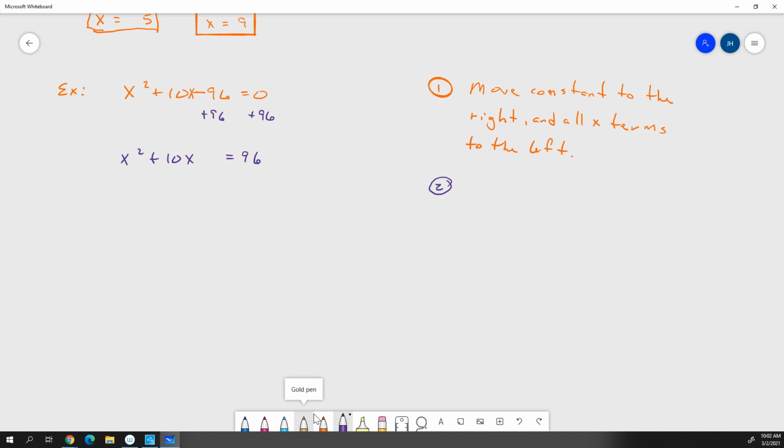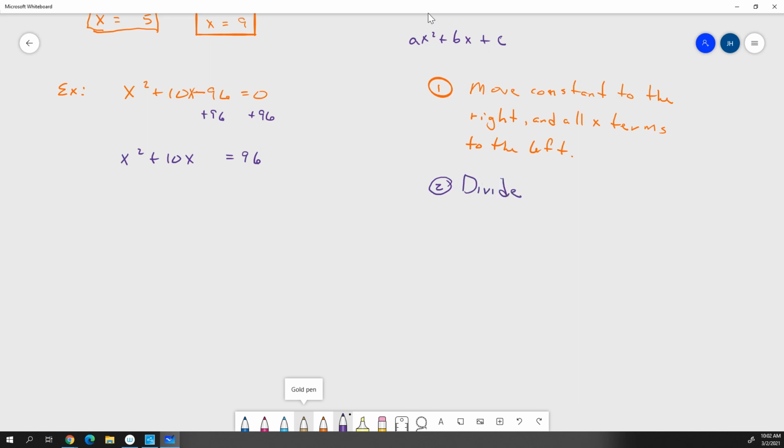Our next step doesn't apply to us right now because our a term, if we're talking about ax squared plus bx plus c, a is what would be in front of x squared. If it's not a 1, we need to divide every term by a.